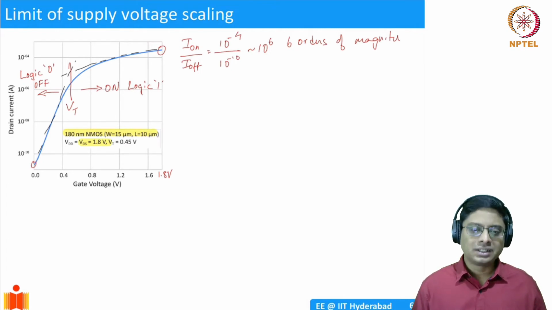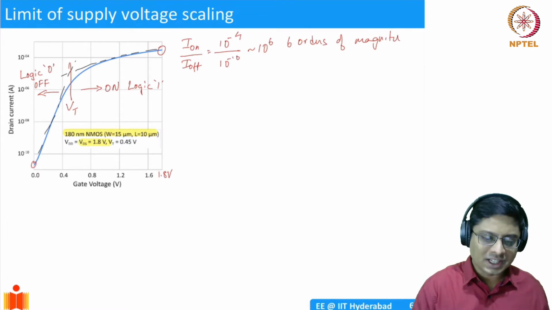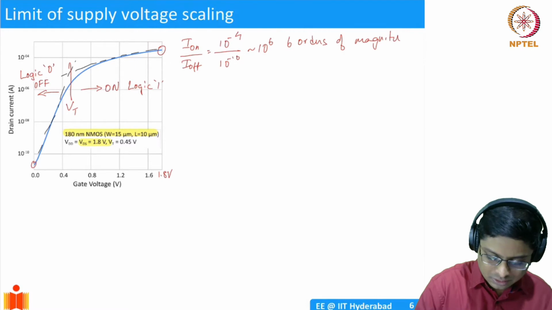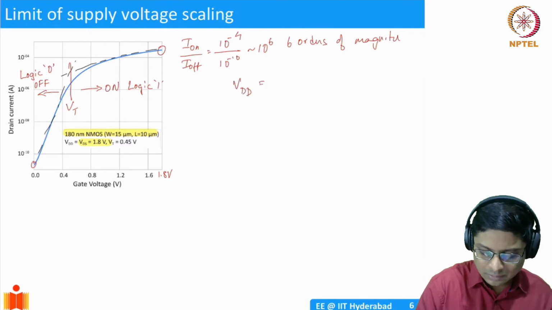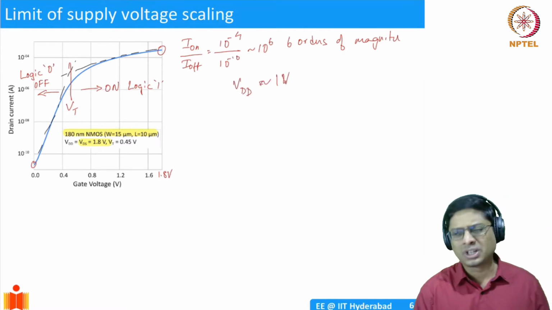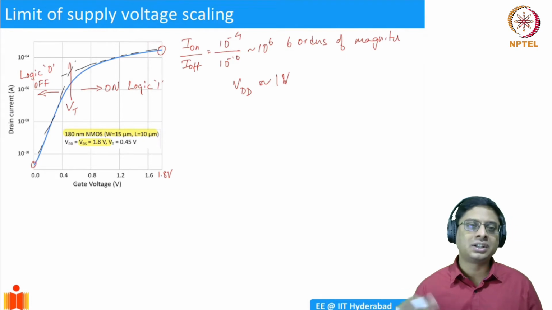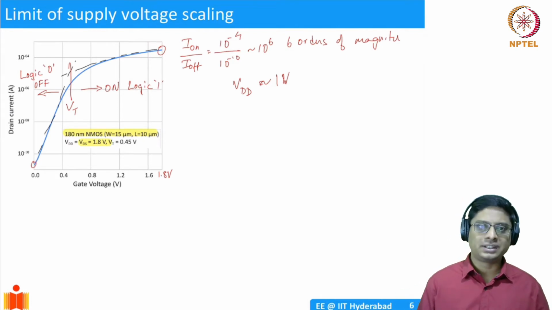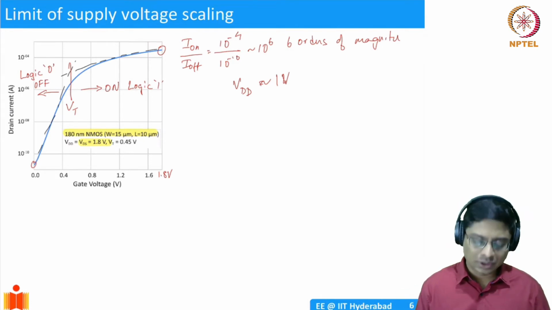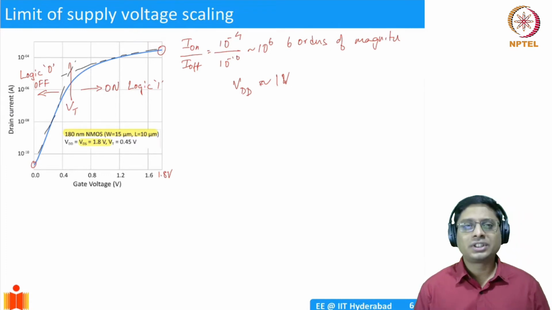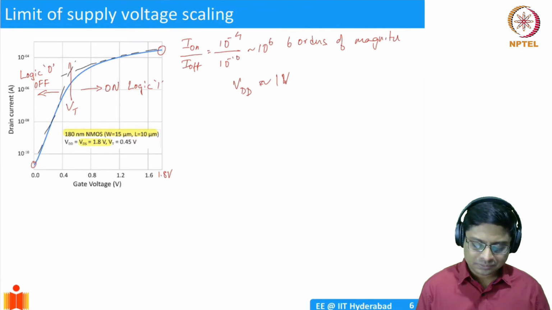So because of that, for the latest generation technologies in the last 10 years, VDD has been roughly about 1 volt. Sometimes it might be 1.1 or 0.9; each foundry will have a different number, but roughly about 1 volt. The reason is, say the threshold voltage is 0.4 or 0.45.